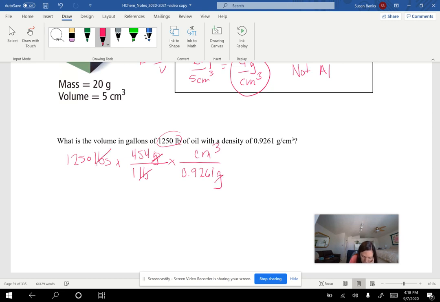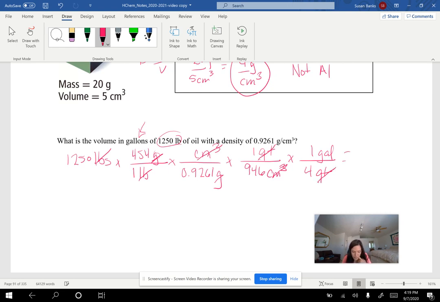I'm now into centimeters cubed. But I want my volume in gallons. So if I remember correctly, I had 946 centimeters cubed in 1 quart, and I have 4 quarts in 1 gallon. So my centimeters cubed cancel, my quarts cancel, and now I have gallons.